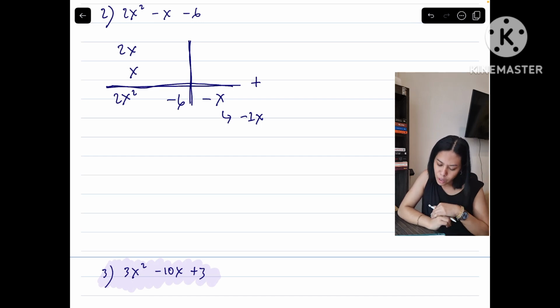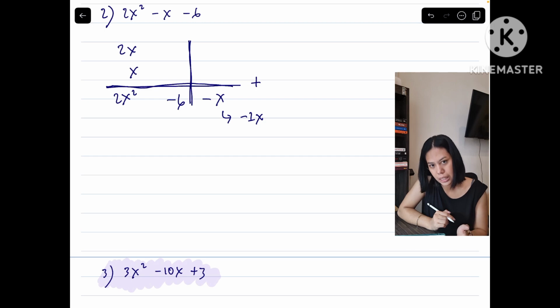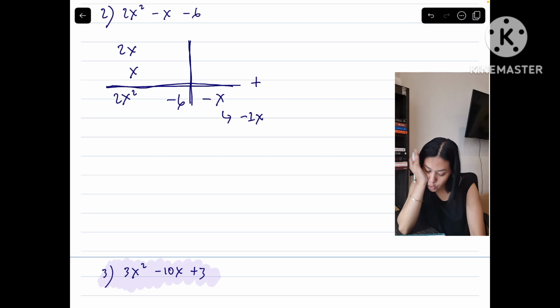Okay, let's find two numbers that multiply to equal negative 6. There's negative 6 times 1, negative 1 times 6, 2 times negative 3, negative 2 times 3. It doesn't matter. So what am I going to try?